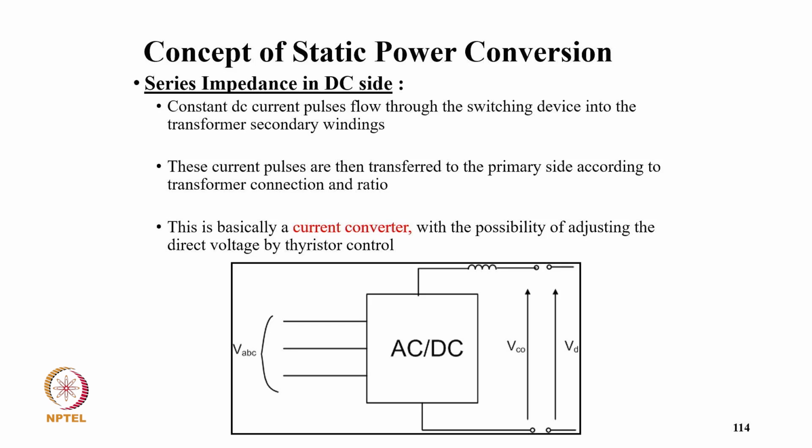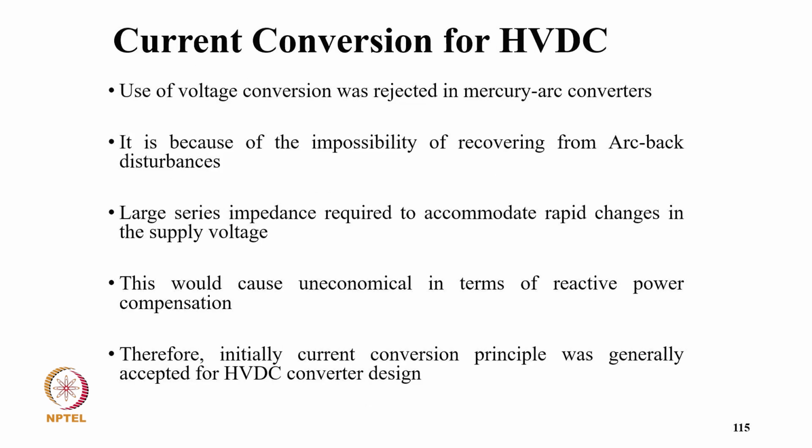With series impedance on the DC side, constant DC current pulses flow through the switching device into the transformer secondary winding. These current pulses are then transferred to the primary side according to the transformer connection and ratio. This is basically a current converter with the possibility of adjusting the direct voltage by thyristor control.